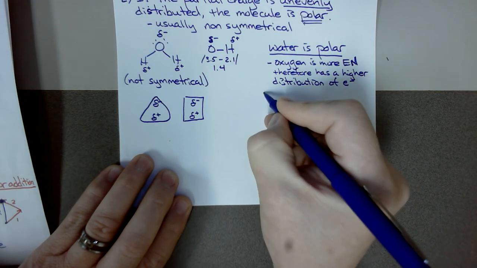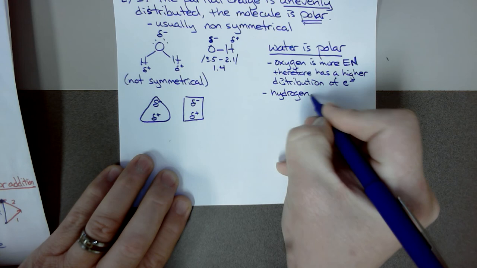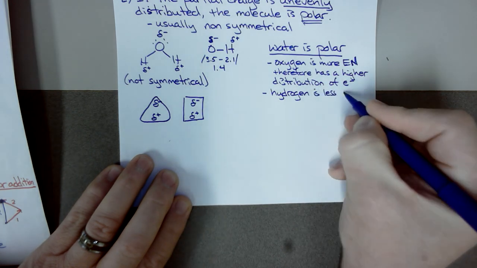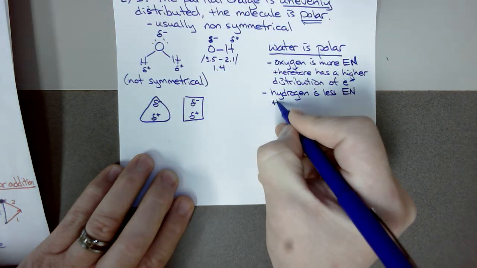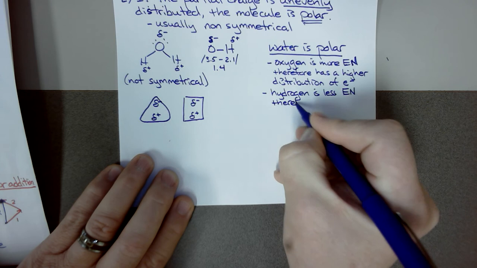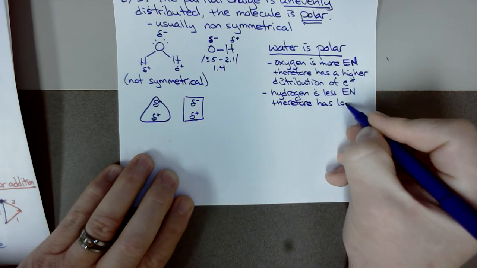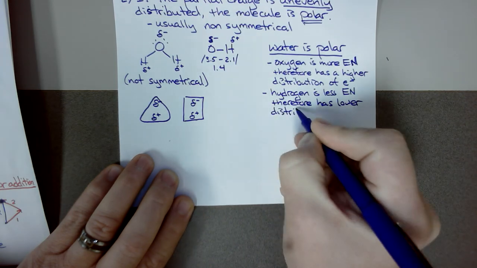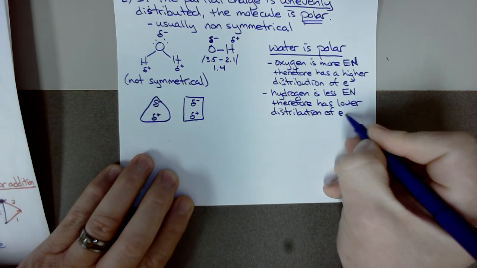And then the hydrogen is less electronegative, therefore has lower distribution of electrons.